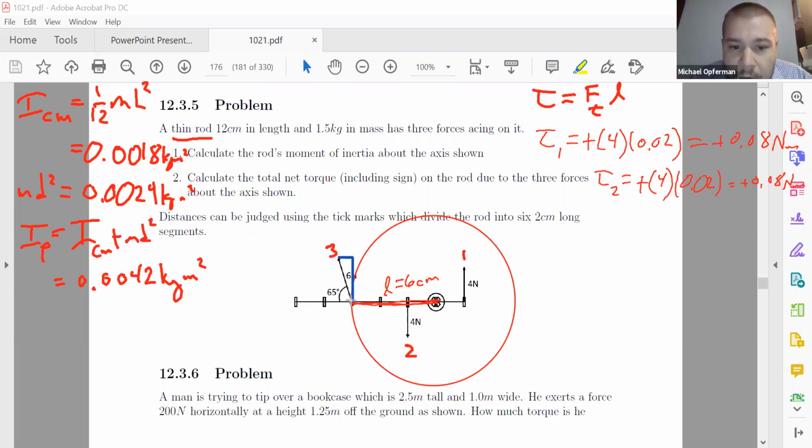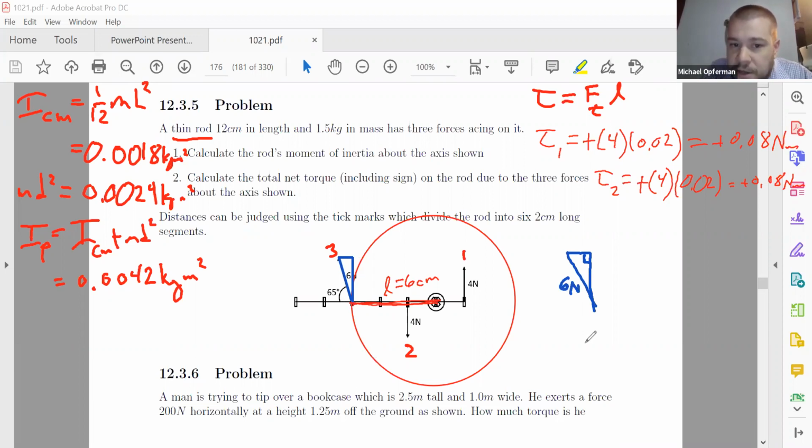And then I have a right triangle here that I can solve. And that right triangle, let me just redraw it off to the side here. So that right triangle, it looks like this. The right angle is up here. The hypotenuse is 6 newtons because that's the magnitude of the force.